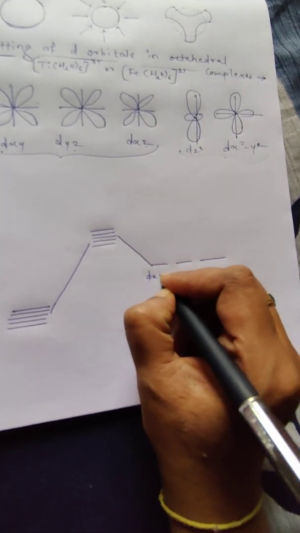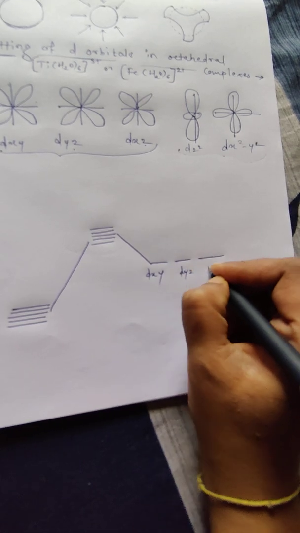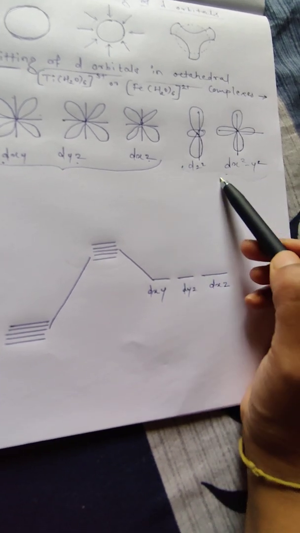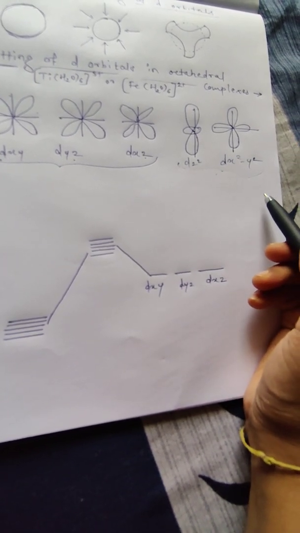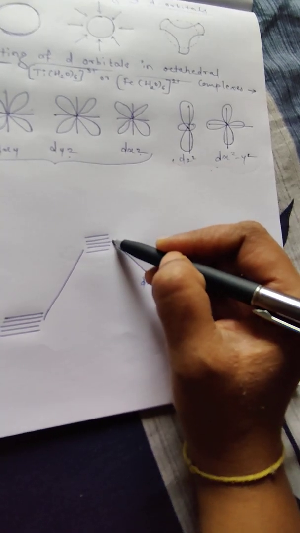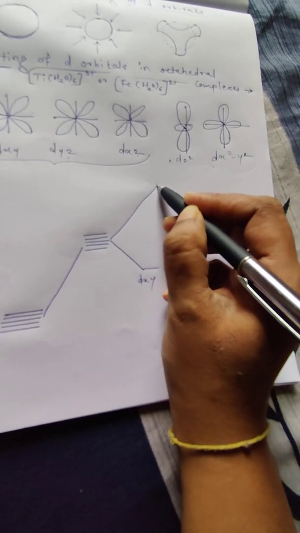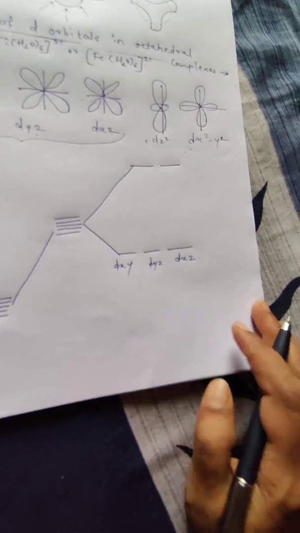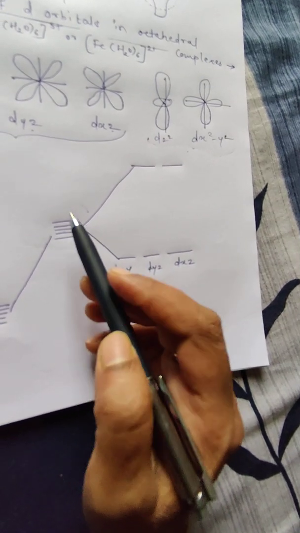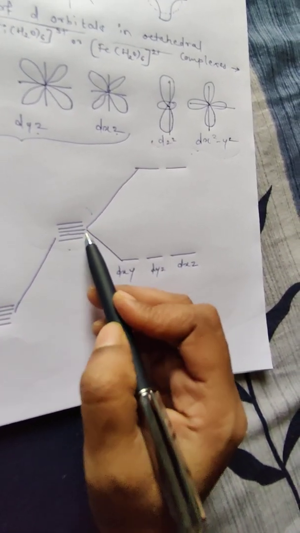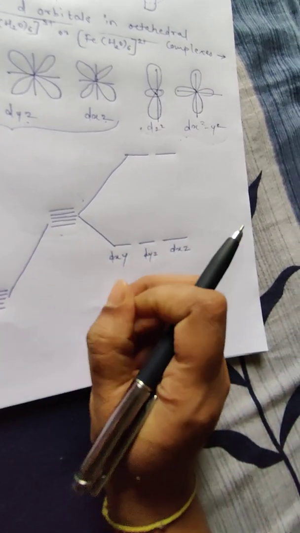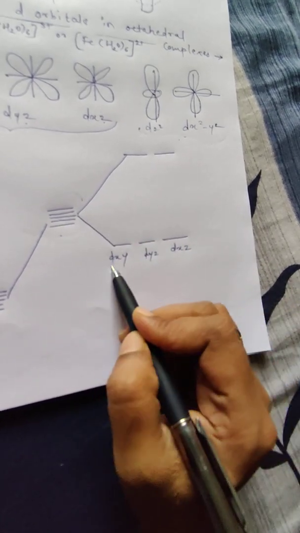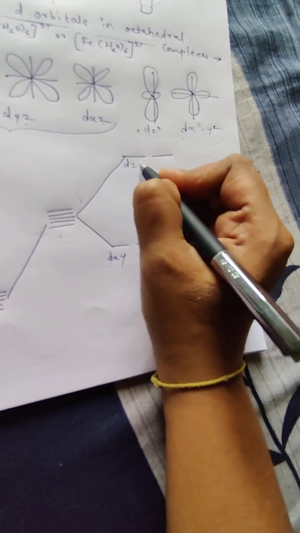At the same time, the two orbitals which come directly in the path of the ligand feel more repulsive forces, and therefore their energy increases as compared to these three. So the degeneracy of the d orbitals splits into two groups: one group with three d orbitals and another with two d orbitals.